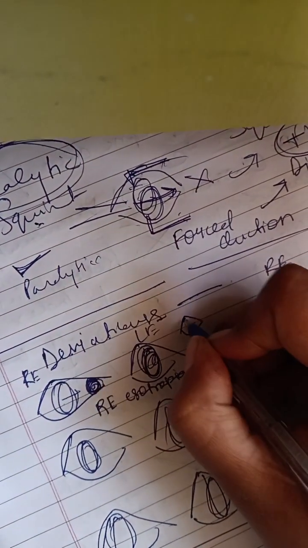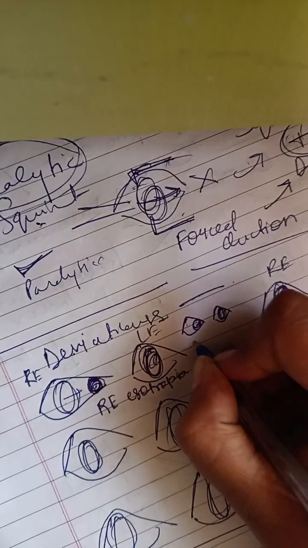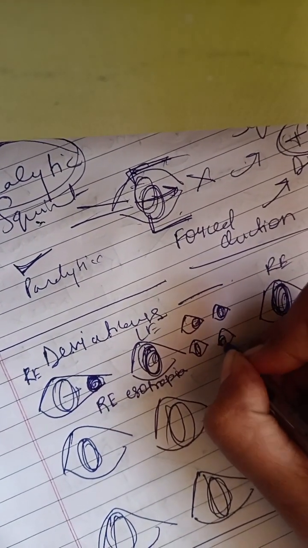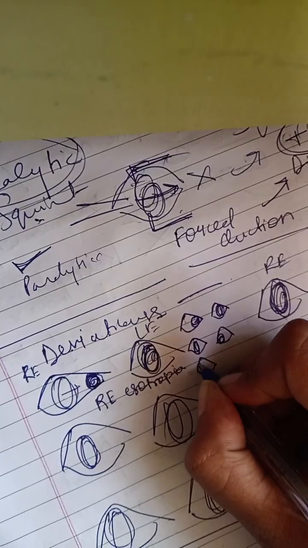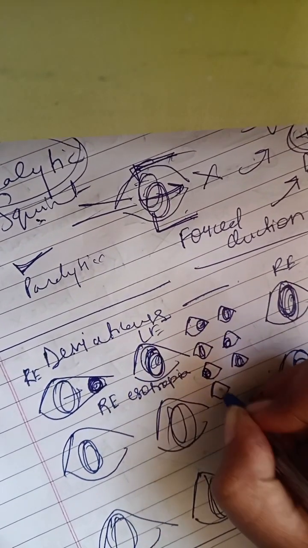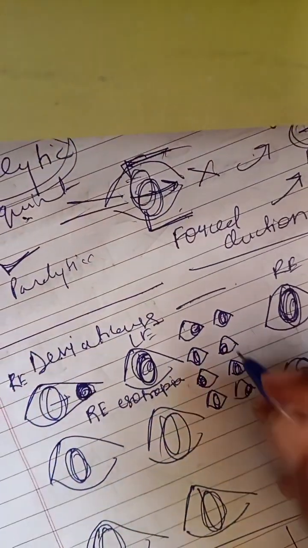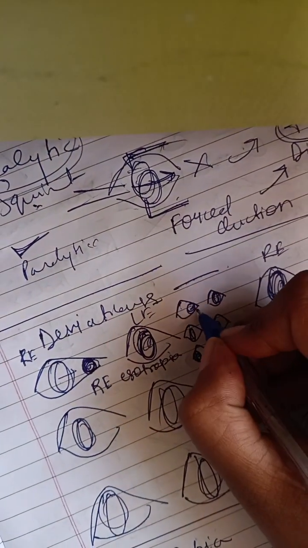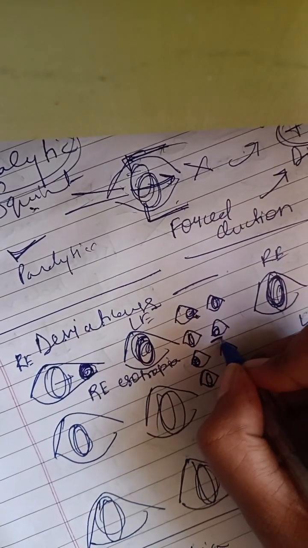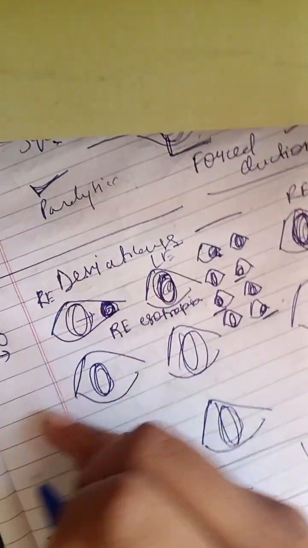So this would be right eye esotropia, left eye esotropia, right eye exotropia, left eye exotropia.